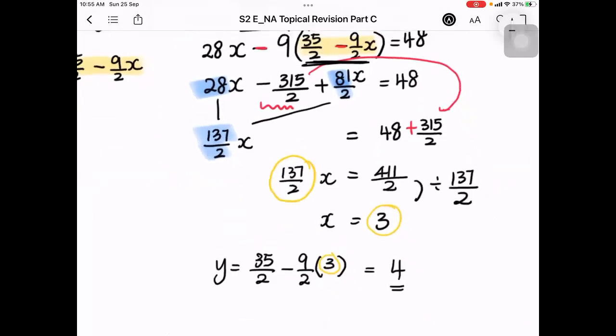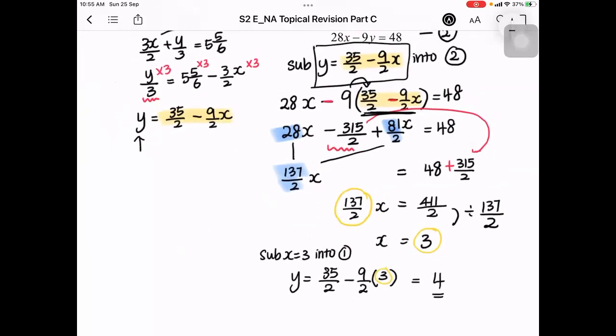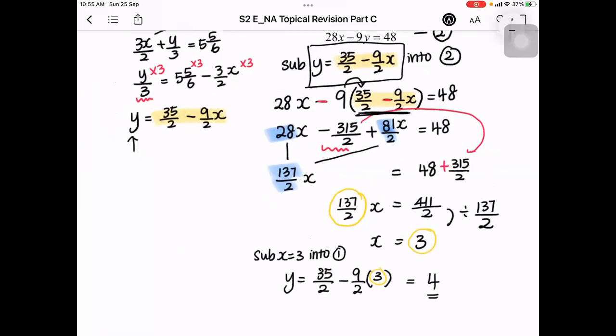Then substitute again. So sub x equals to 3 into equation 1, then get my answer. So this method is actually not that it's not good. It's easy to remember. Make something a subject, substitute and substitute. But the problem is there will be a lot of fractions. So you must be very careful in your calculation.